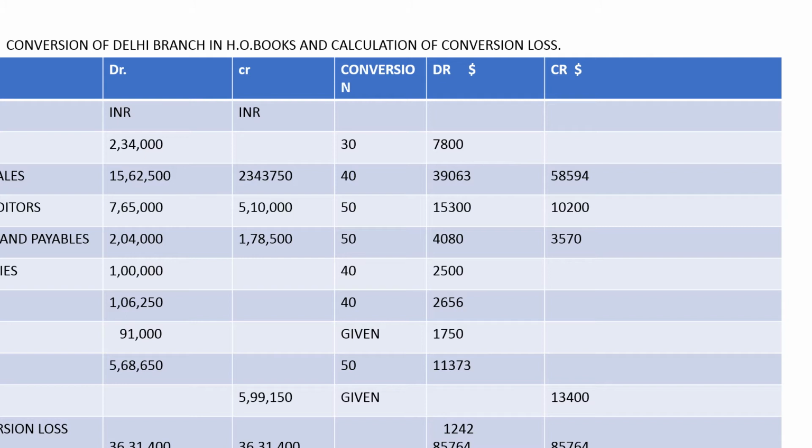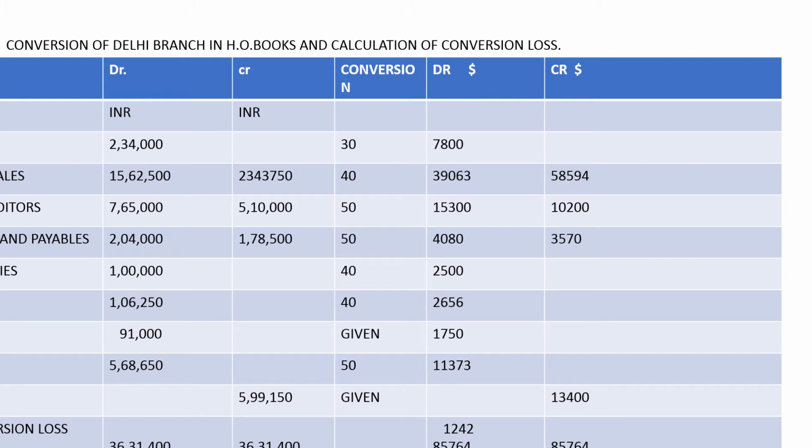The 1 lakh divided by 40 comes to 2,500 Australian dollars. Then next is rent and taxes. It is rupees 1,06,250. Average rate is 40. The amount comes to 2,656 Australian dollars.